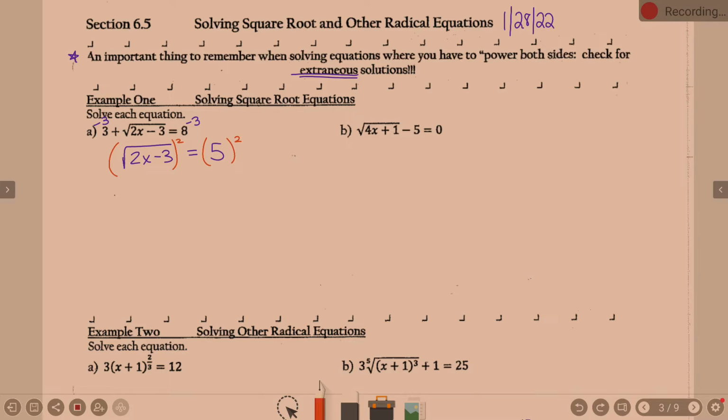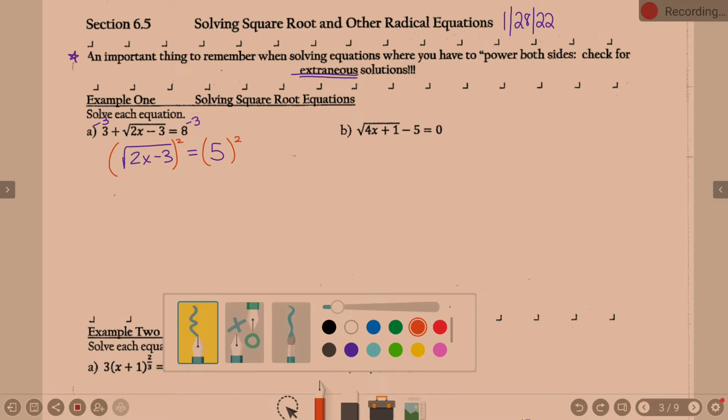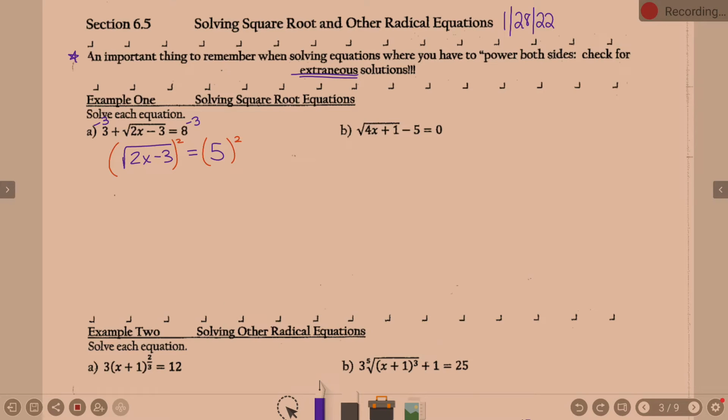Now, you guys remember the square root of smiley face times the square root of smiley face is smiley face? Okay, same idea here. What happens when I square the square root of 2x minus 3? Square root of 2x minus 3 times square root of 2x minus 3 is just 2x minus 3.